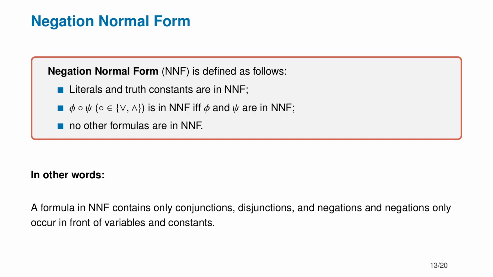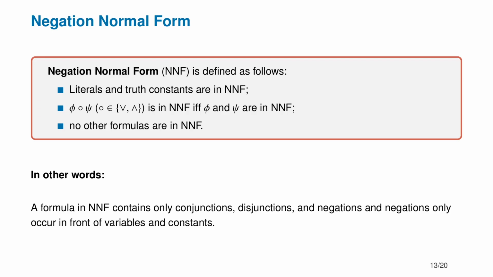So if we have formulas in negation normal form, we can combine them with a conjunction. Same with a disjunction. We can combine them either by disjunction or conjunction. No other formulas are in negation normal form.